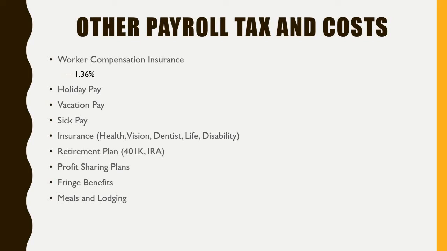Okay. Other things that are going to be contributing factors to paychecks or payroll taxes would be anything such as if you earn extra money: holiday pay, bonuses, commissions, fringe benefits, and meals and lodging.